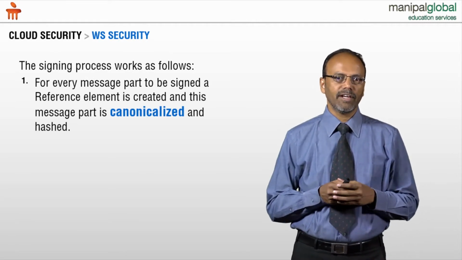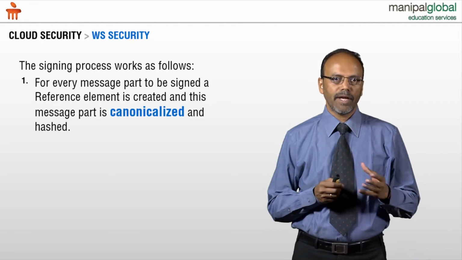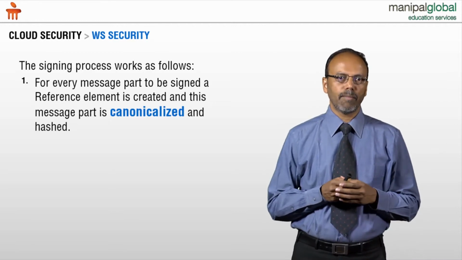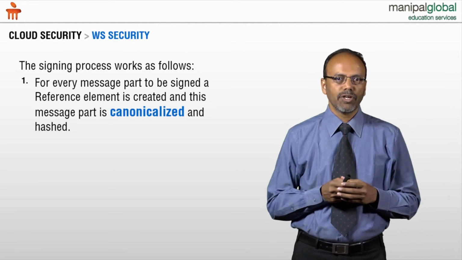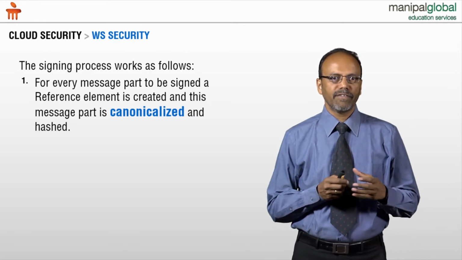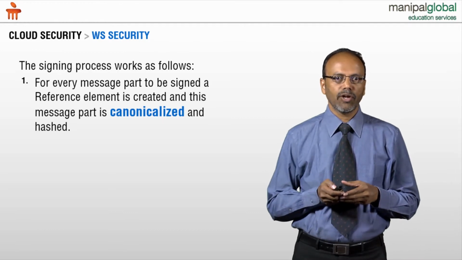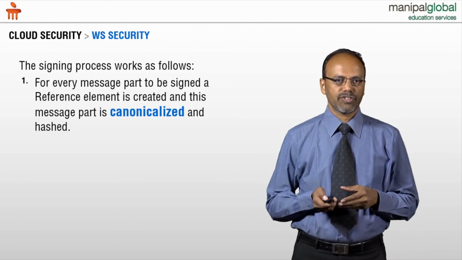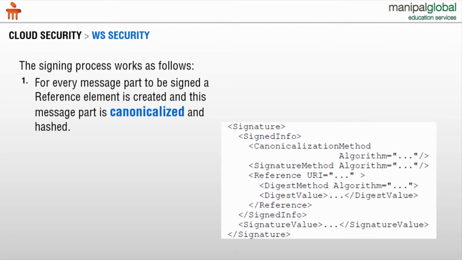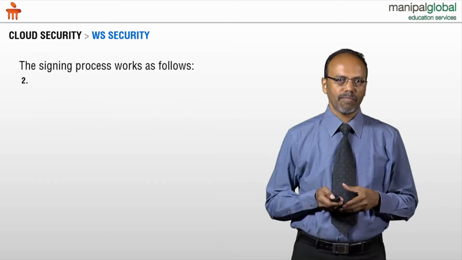When we have data which is sent across in XML format, for every message part to be signed, a reference element is created and this message part is canonicalized and hashed. As you can see in this particular slide, the reference is created as a URI. URI is a name given to a particular component in XML.